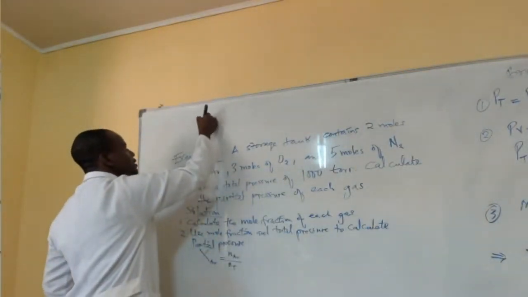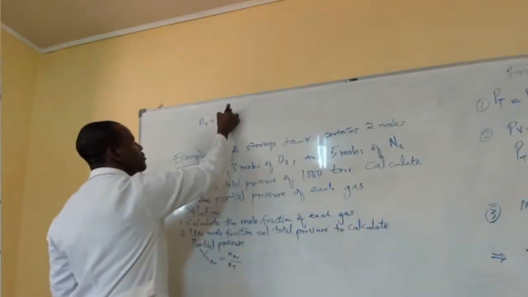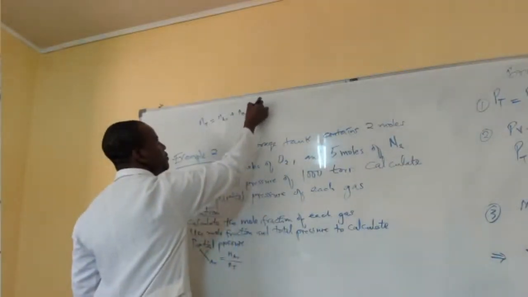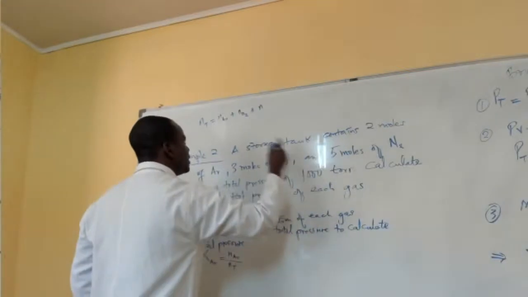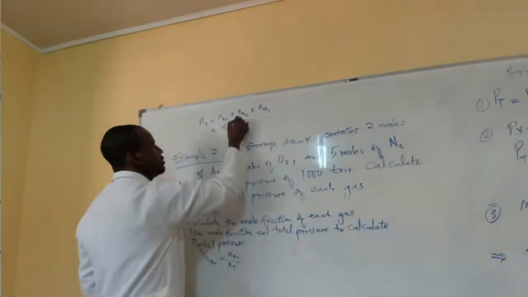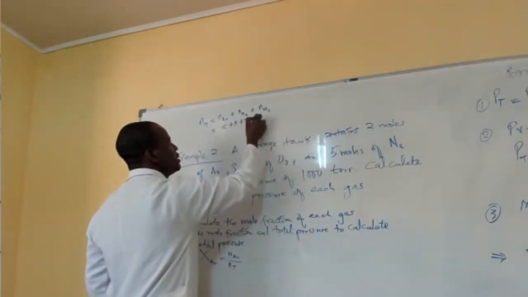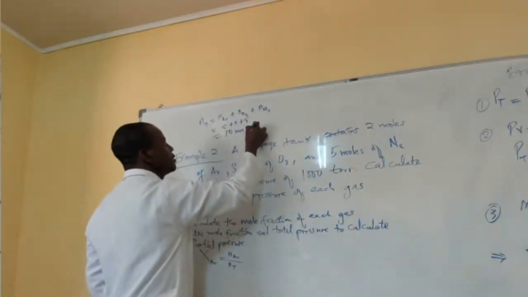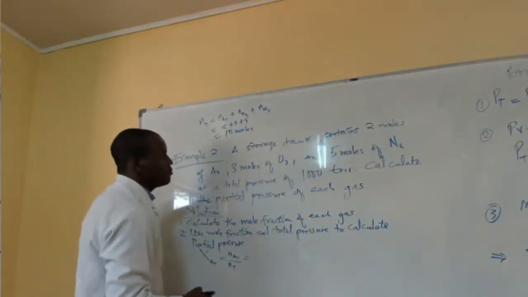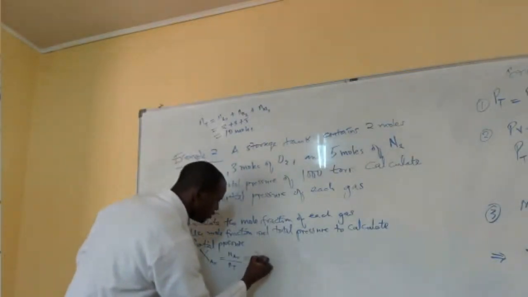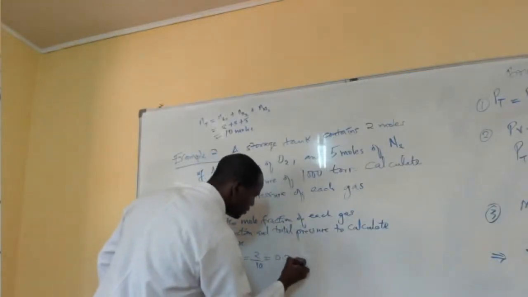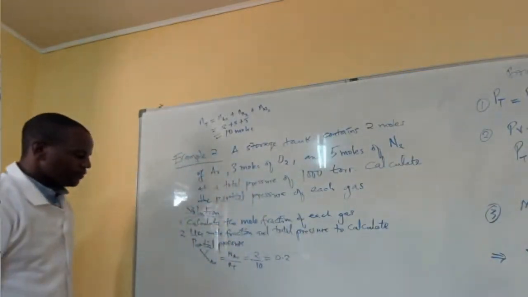Therefore, NT in our case will be equal to number of moles of argon plus number of moles of oxygen plus number of moles of nitrogen, which is N2. So this will be equal to 2 plus 3 plus 5, which is equal to 10 moles. So that is the total number of moles for that. So number of moles of argon will be 2 over 10, which is equal to 0.2. So that is the mole fraction.